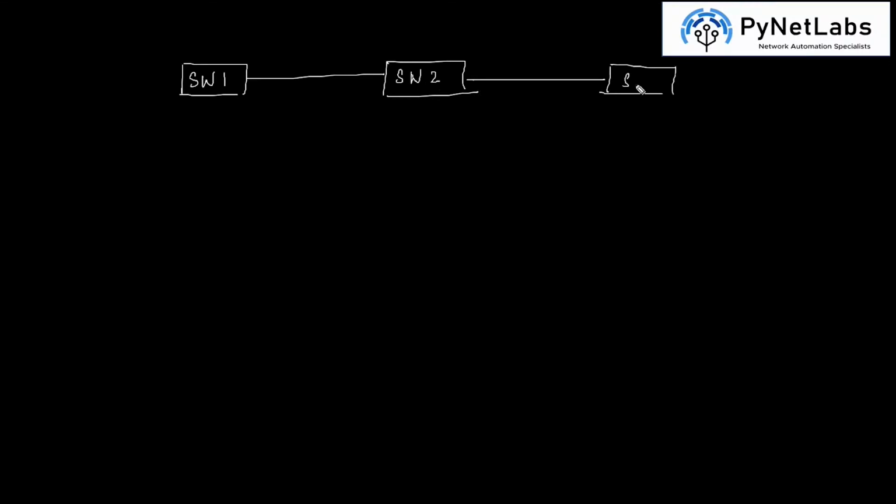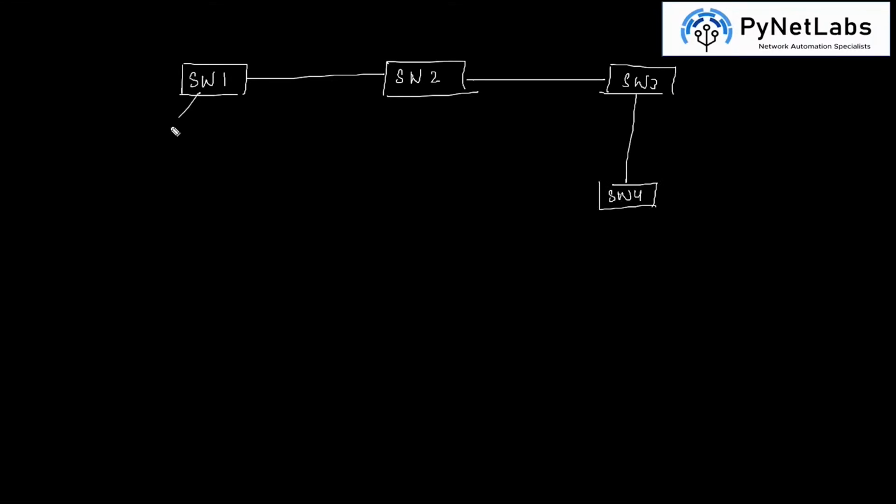Now let's understand this with another example. So let's say we have a switch here and that switch is now connected to another switch. Let's say this is switch 1, this is switch 2, and similarly we have another switch here, switch 3, and this is connected to another switch, switch 4.